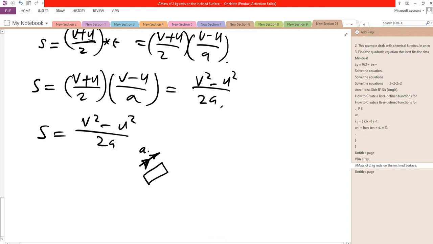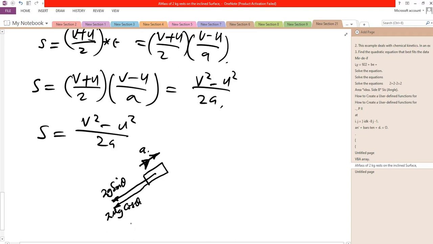So, now the weight component of the object that is moving down along the plane will be 2g sine theta. Now you have the frictional force, which is 2 mu times g cos theta.